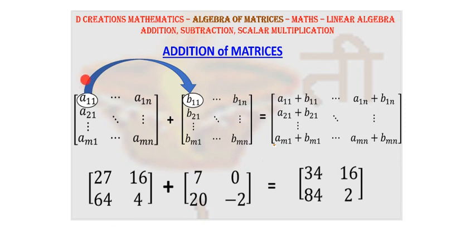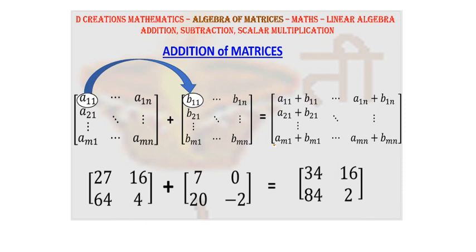So looking at this rule, simply you need to add the corresponding elements. So 27 added to 7 gives you 34, 16 added to 0 gives you 16 back, 64 added to 20 gives you 84 and 4 added to minus 2 gives you plus 2. So nothing difficult about it, very very simple. Simply add the corresponding elements. This is what you need to remember.